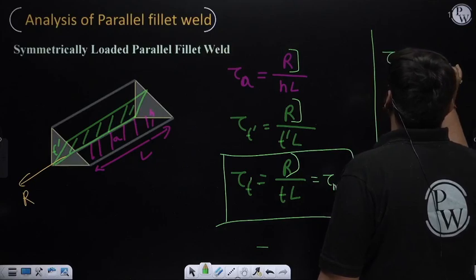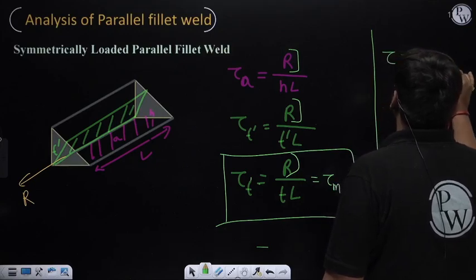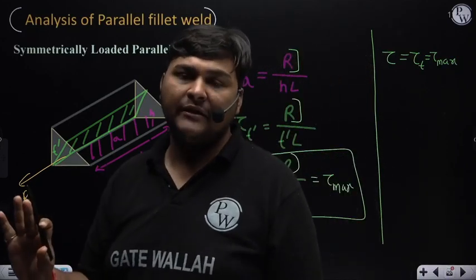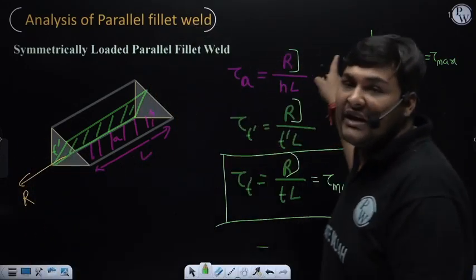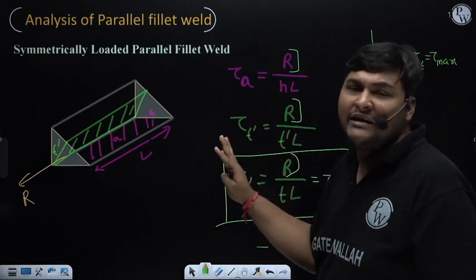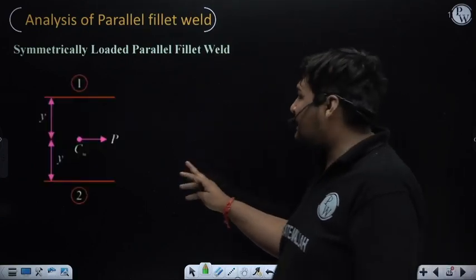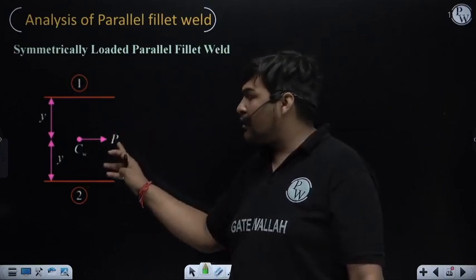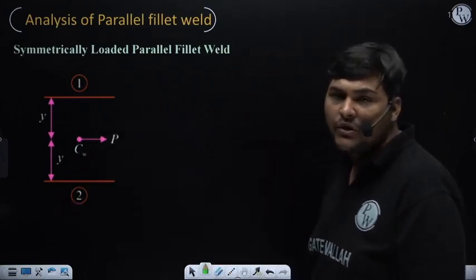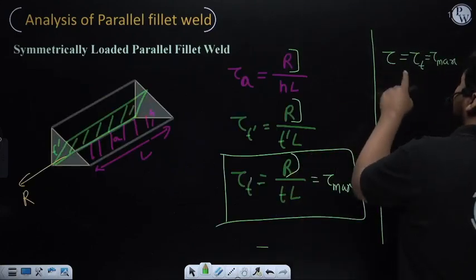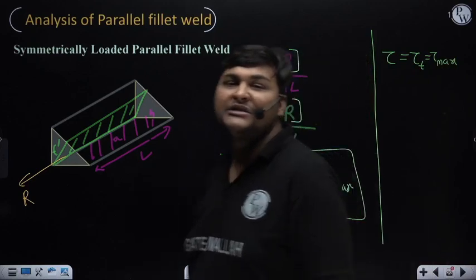Whatever shear stress is coming in the throat will be the maximum shear stress if only stress due to force is acting, because this is primary shear stress, since it is due to force. No other moment is acting in the weld right now, because we are discussing the case when no secondary stress is coming, because the line of action of force P is passing through the combined centroid. So if stress due to only force is coming, then this primary stress at the throat will be the maximum shear stress.